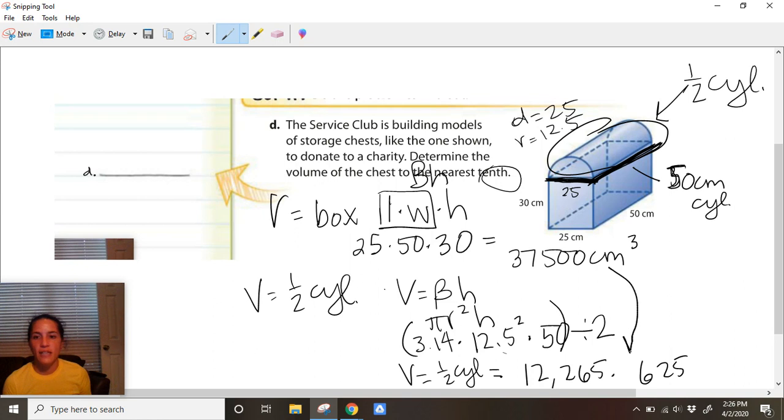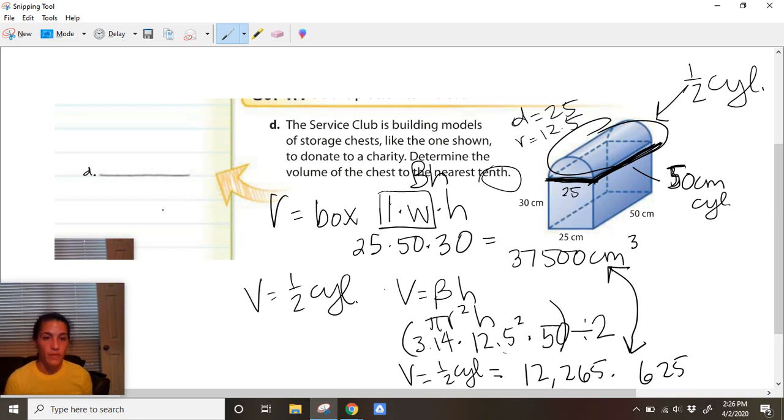So I need to add these two together. Easy with my calculator: plus 37,500.